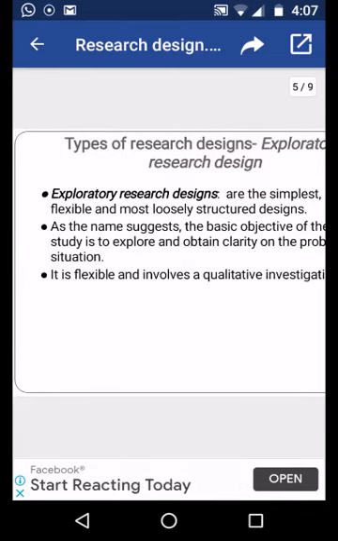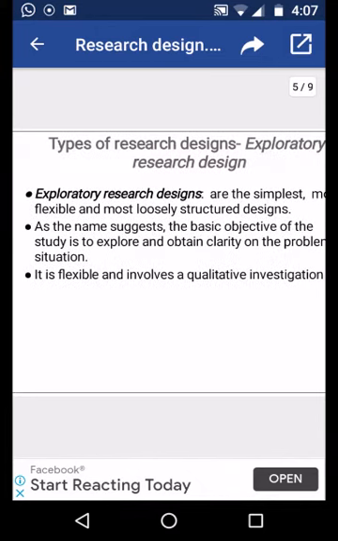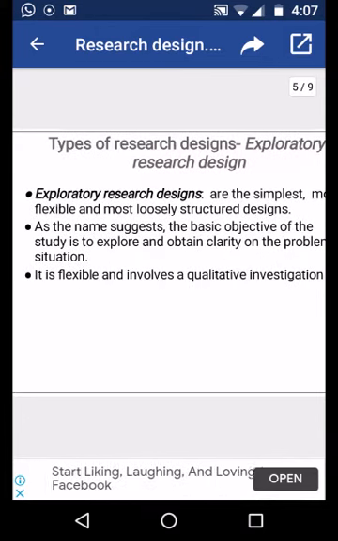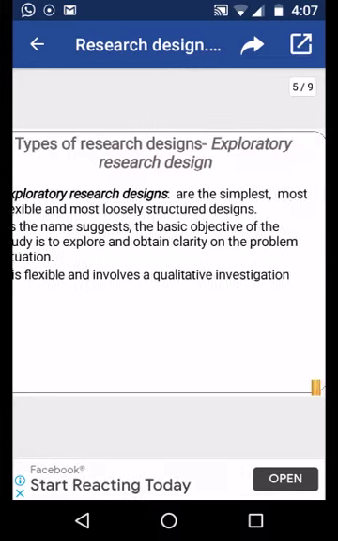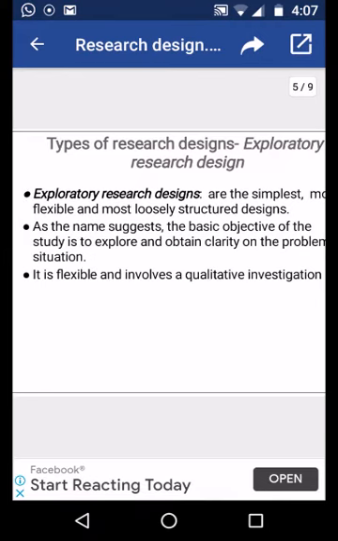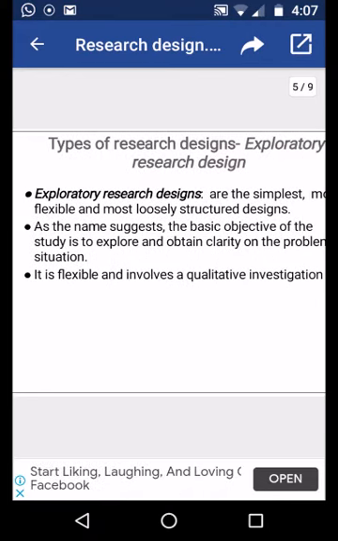So exploratory research design. As the meaning itself states, you are trying to explore, trying to find out something new. It is the simplest and the most flexible, most loosely structured design. There is no scientific way for carrying out the research.